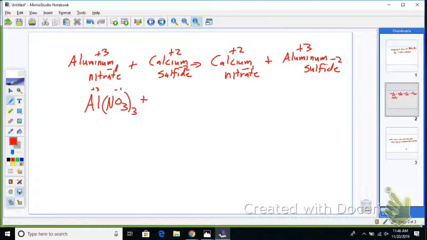Next thing I do, CaS. They both have same charge, but opposite, so they're fine. Next one, +2 and -1. So I put Ca, NO3. Gotta have 2 of these, NO3 twice.